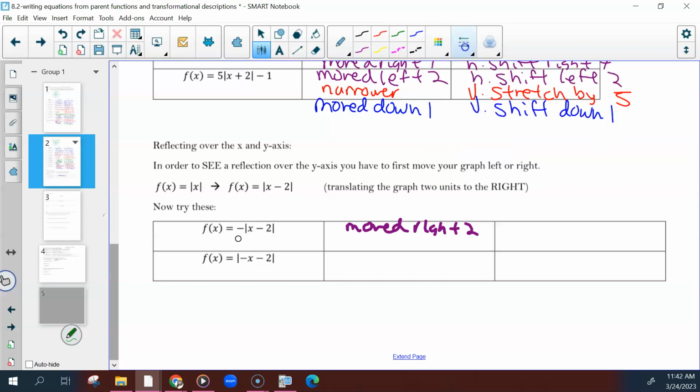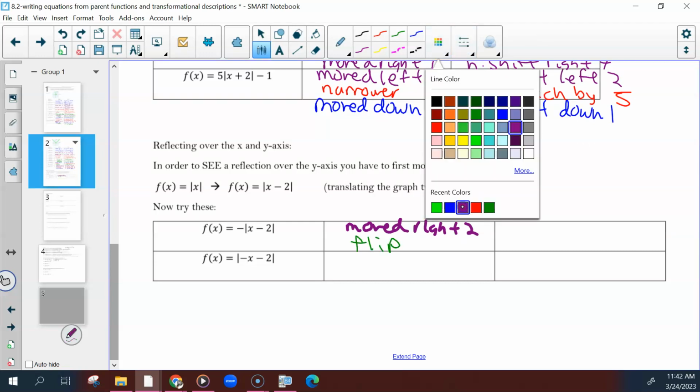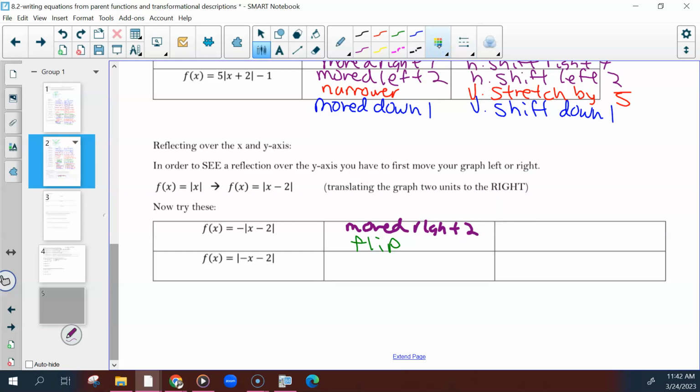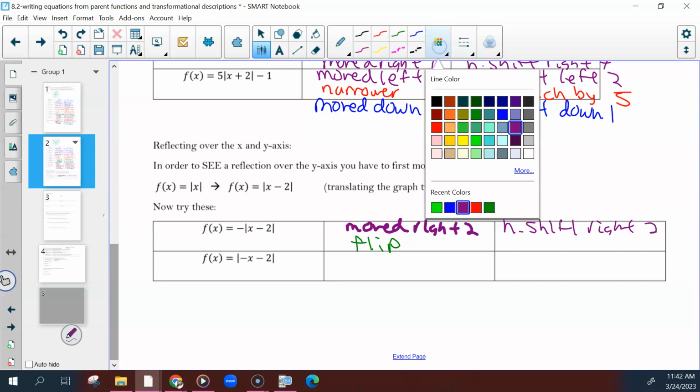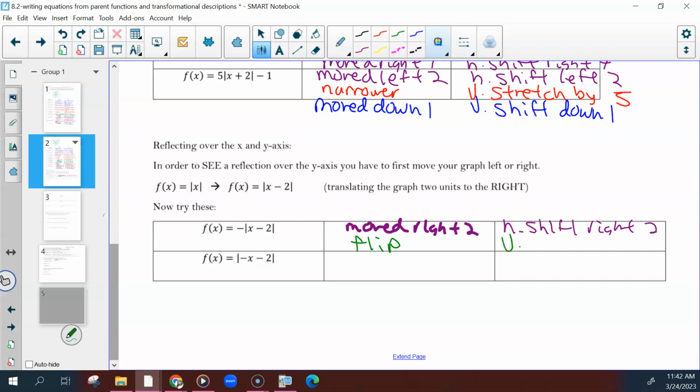And then the negative on the outside made it flip. So that would be your horizontal shift right 2. And your vertical reflection.